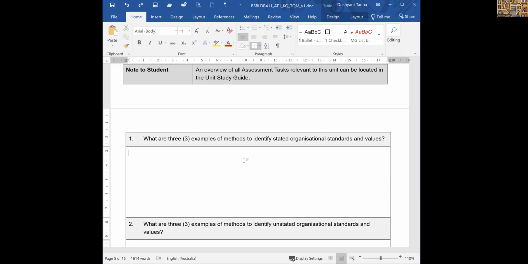It could be from the code of conduct, any standard practice, standard operating procedure, any staff handbook, or any intranet resources. It can be from the owner or the board of directors. These are some of the sources that can help you in identifying the standards and values. Make sense?